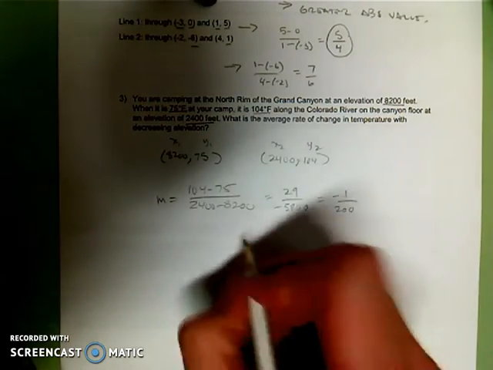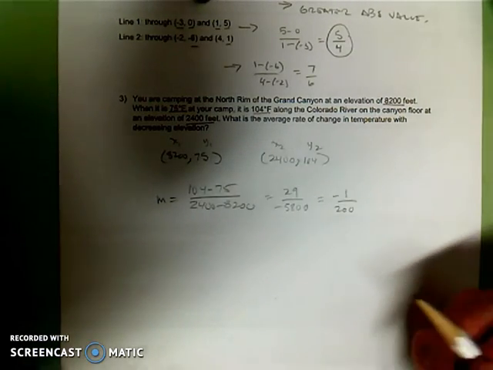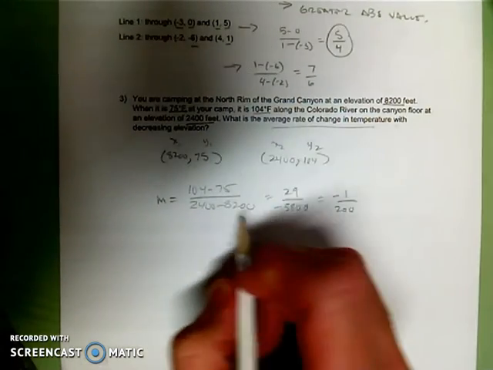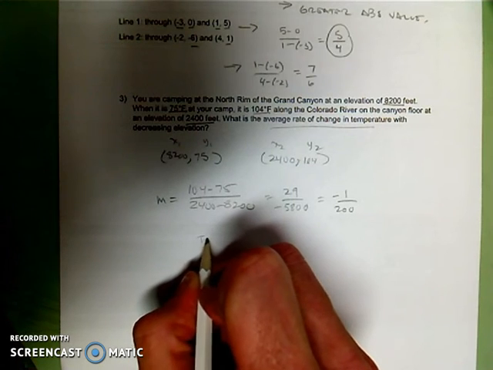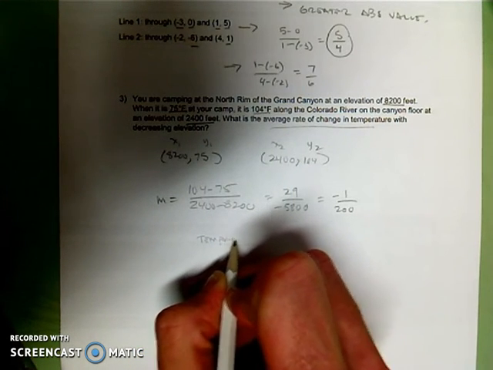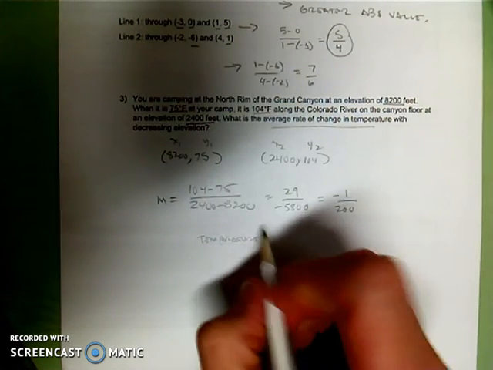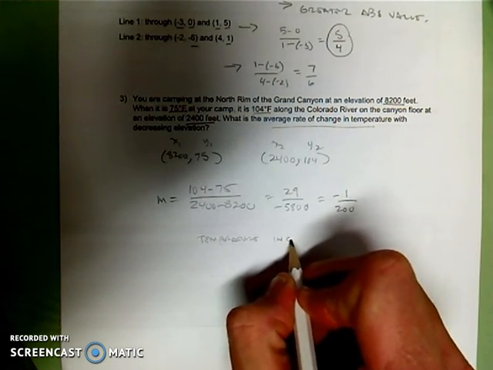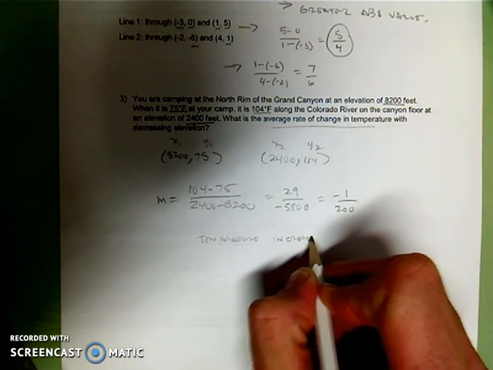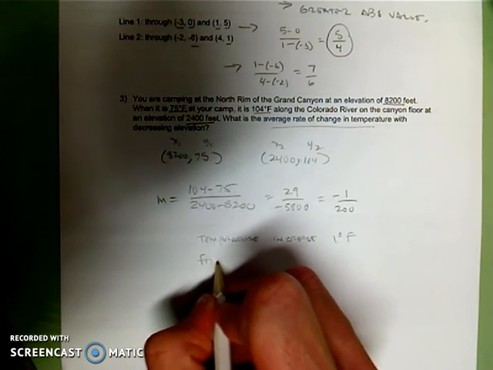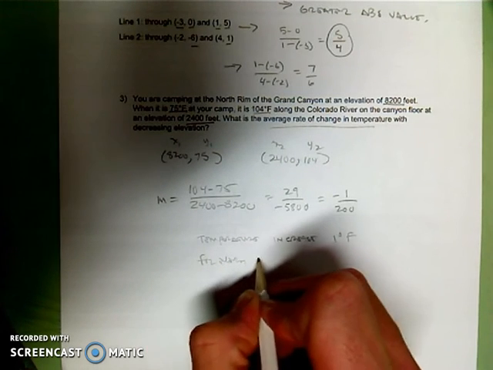Well, that's great. What does that mean? Well, they asked the question in words. We're going to answer the question in words. We're asked the average rate of change in temperature with decreasing elevation. So our temperature is going to increase 1 degree Fahrenheit for every 200 feet of elevation change.